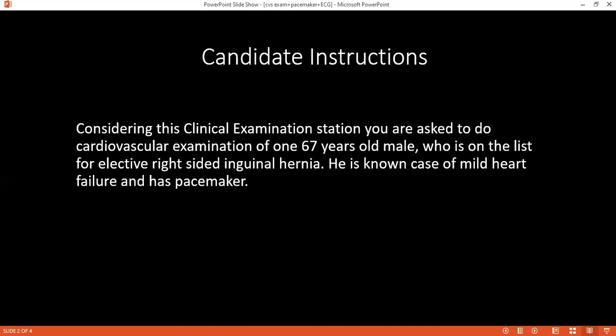Then I would like to assess the capillary refill, and any nicotine staining. After that, I will assess the radial pulse, rhythm, and character. To assess for any collapsing pulse, I will put the palm of my hand on the radial artery pulse.